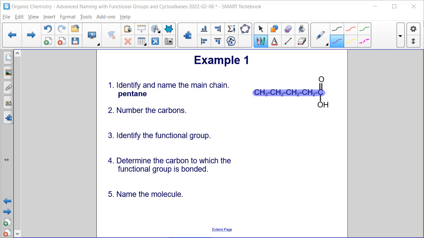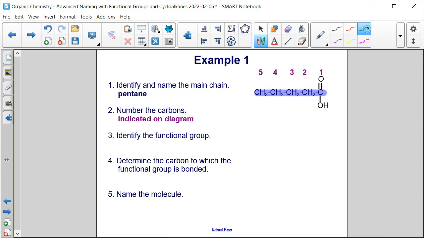All right, now we need to number the carbons, and we have to start on the end nearest the double bond oxygen. So from right to left, you can see my numbering 1 through 5. All right, now we need to identify the functional group. So we can see it right here. It's COOH.